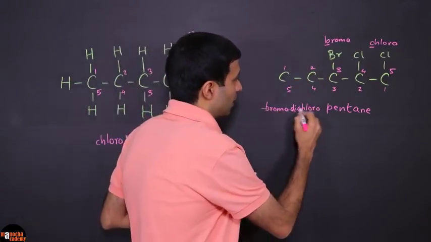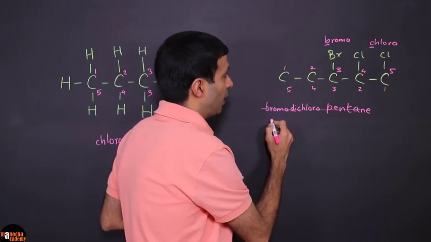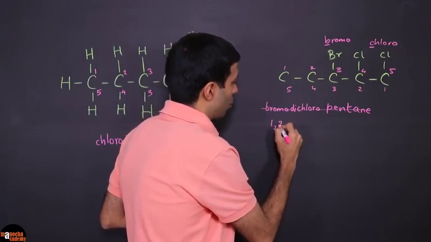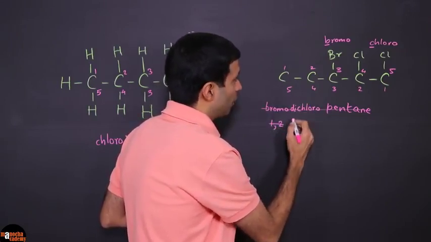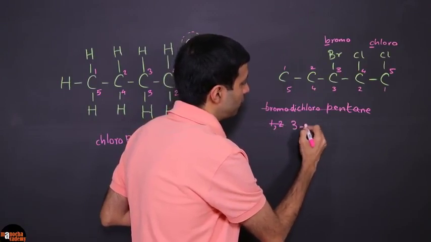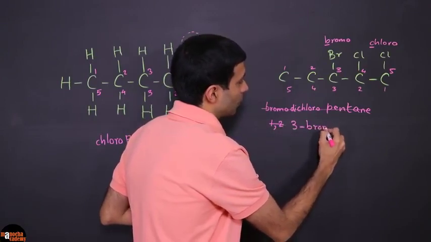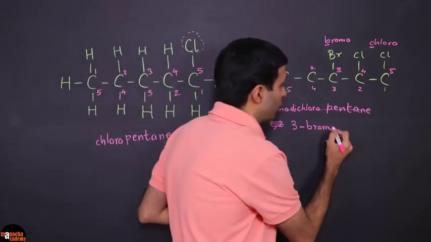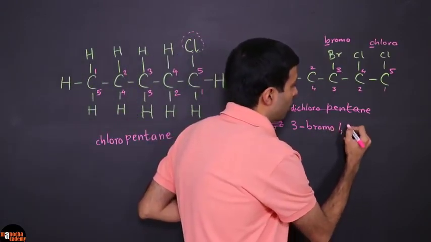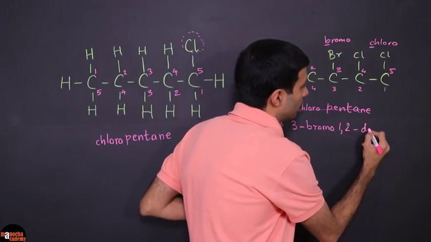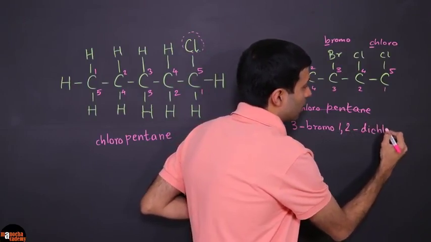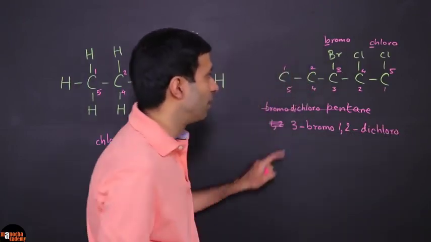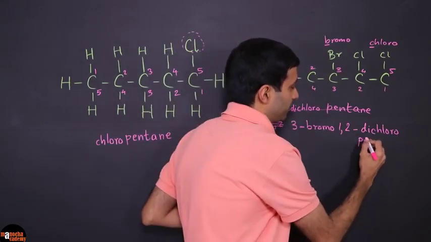It's going to be 3-bromo, right? So the bromo is at position number 3. And after that we have 1,2-dichloro, correct, and pentane.